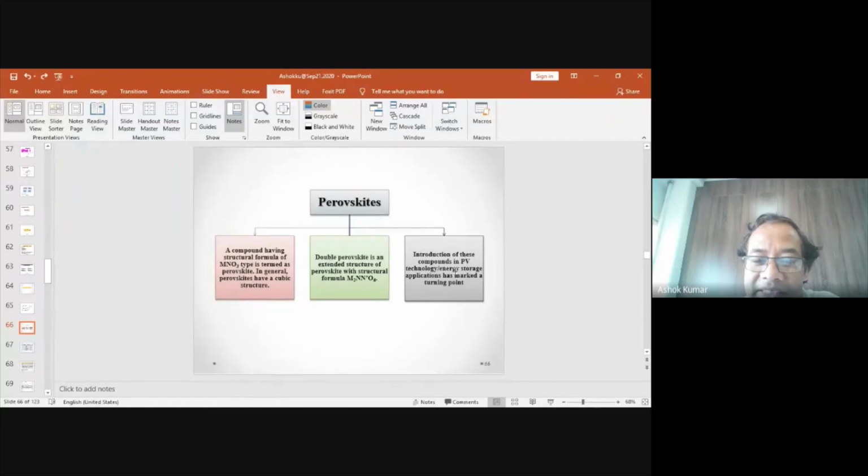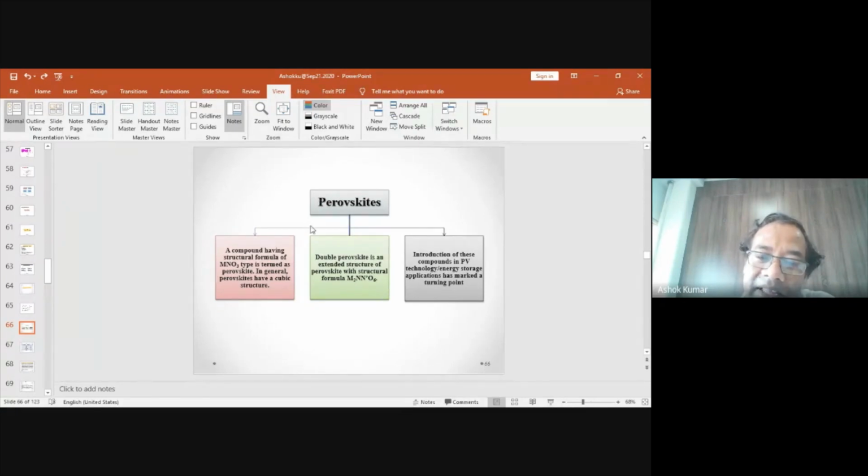So let's study or understand a little bit about this material. Perovskite is not a confusing word, so don't be confused if you do not know. It's named after a Russian scientist, Perovsky. The German scientist was studying this particular material, especially CaTiO3, calcium titanate.